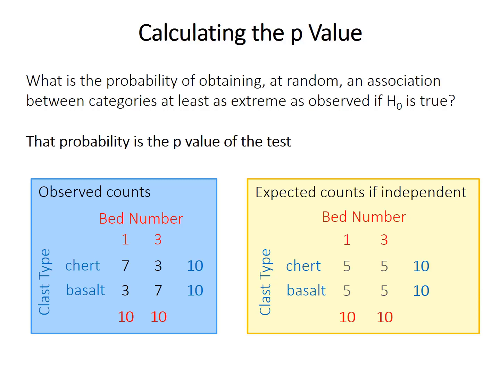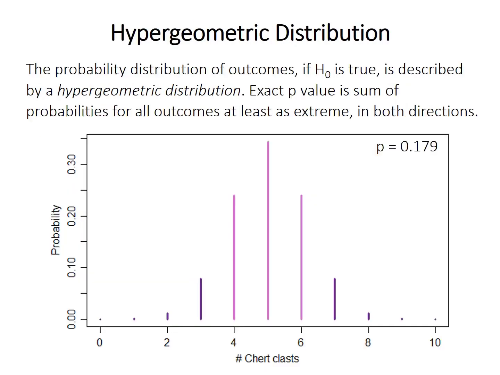So the greater your observed counts deviate from that expectation of equality, the more likely the result is to be significant. The probability of observing a particular outcome in this test is calculated from a type of discrete probability distribution called the hypergeometric distribution. You've seen a discrete distribution when we talked about the binomial test.